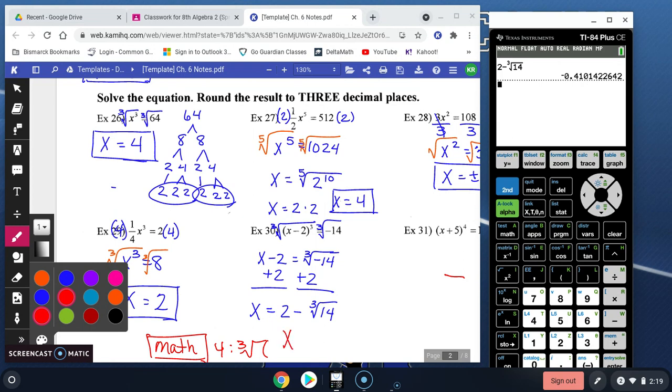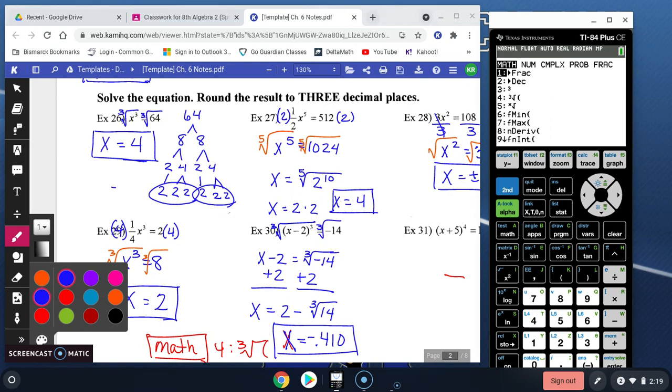And that gives me negative 0.410. So that would be 3 decimal places. Okay, also notice if you go to your math button, you have number 5 is an X root. So you can use any root you want, 4th root, 5th root, 6th root, you can do any of those.